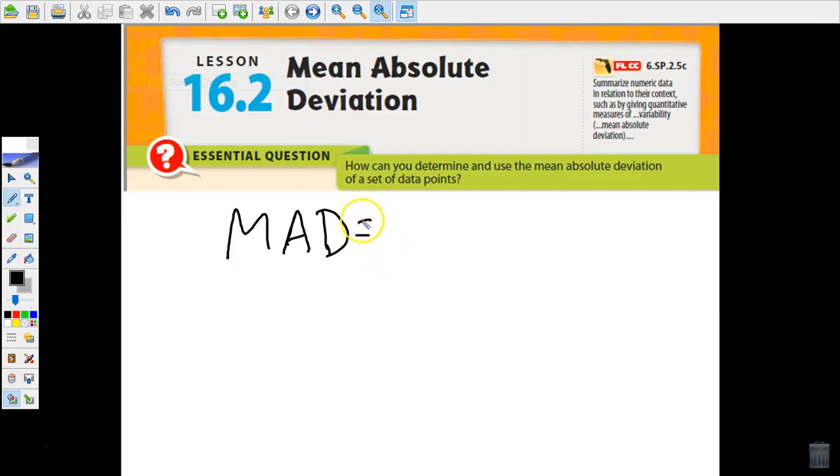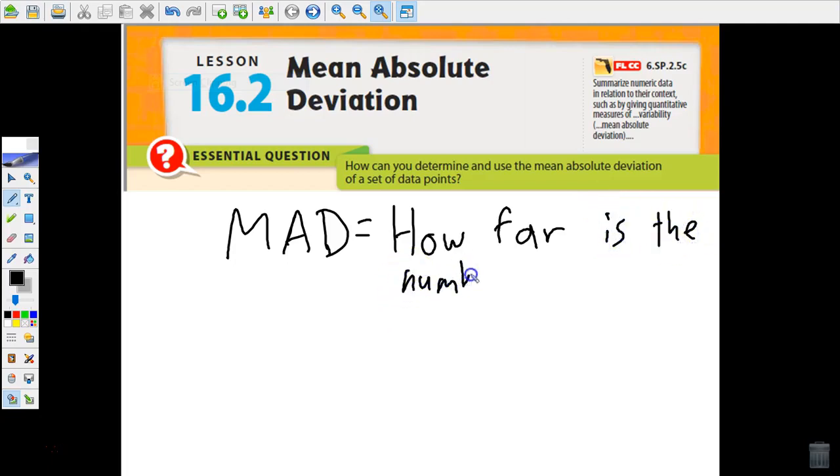And what the MAD is, is how far the number is from the mean. That's basically what it is, and then you do the same thing as the mean. You get every number and see the distance it is away from the mean, and then you add them all up, and then you divide by the amount of numbers. So let's go through this.